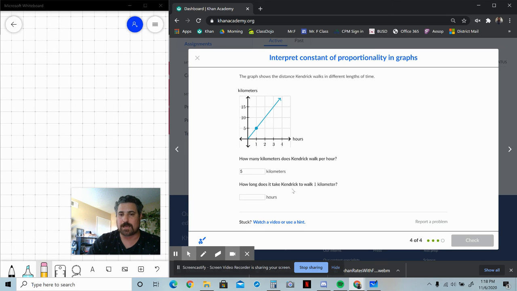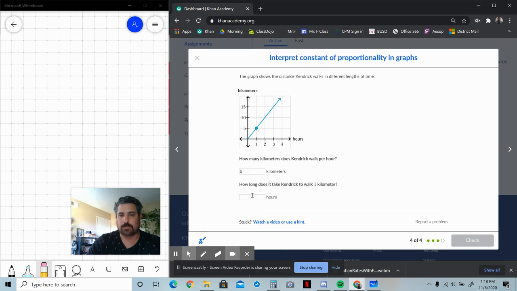How long does it take Kendrick to walk 1 kilometer? Well, if it's 5 kilometers per hour, the ratio of y over x is 5 over 1. Then if you flip that relationship, you're going to get the number of hours per kilometer, or how long it takes him to walk 1 kilometer. So instead of 5 over 1, it's just 1 over 5. You just take the reciprocal of that relationship.